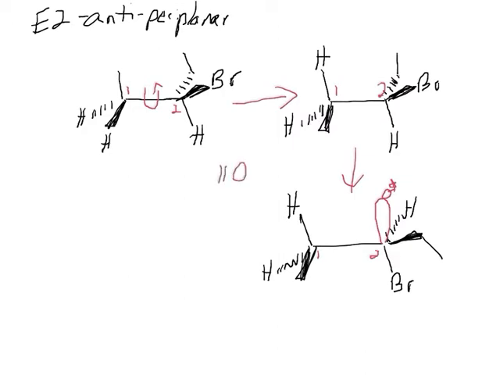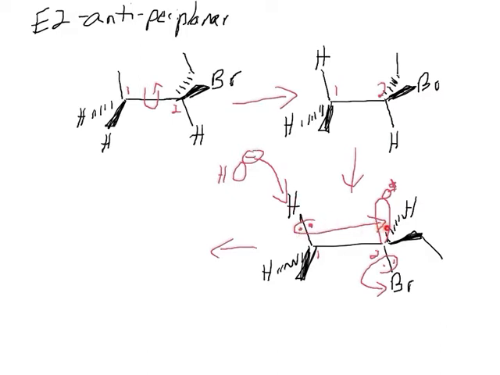These two electrons in that CH bond are going to go into that sigma star. As this H is being taken away, these two electrons go to sigma star. That breaks this carbon-bromine bond. So that's why it has to be lined up that way: to break that carbon-bromine bond, where sigma star is at, it's 180 degrees away. So we need to get these electrons lined up so they can go perfectly into sigma star.